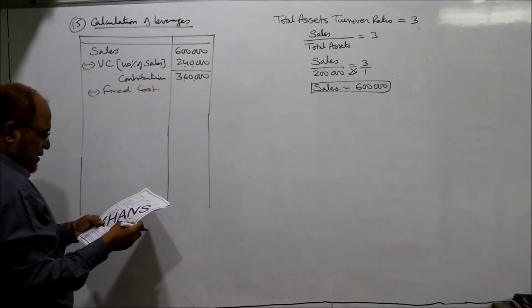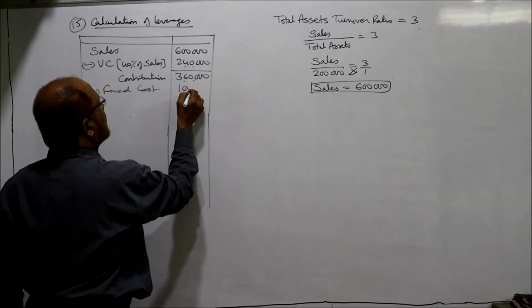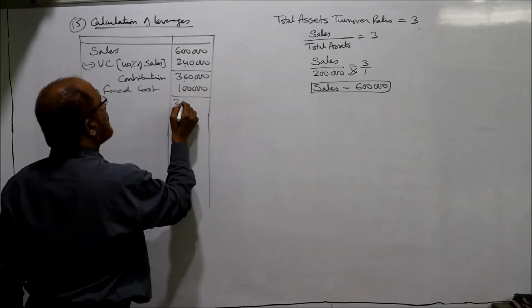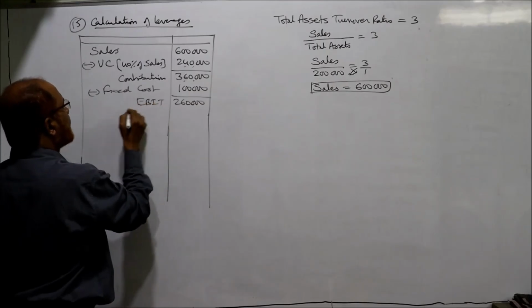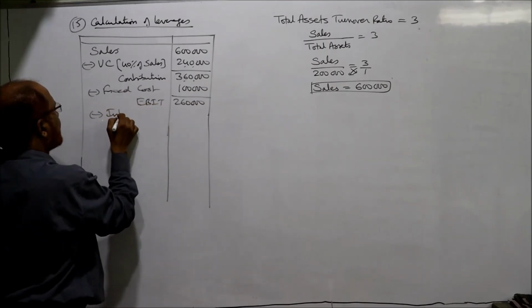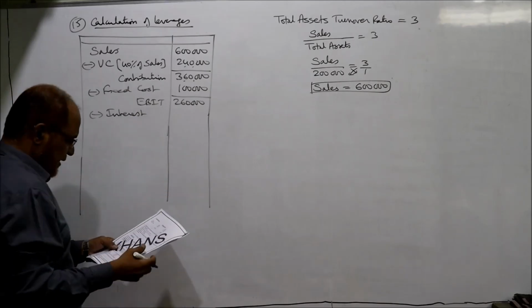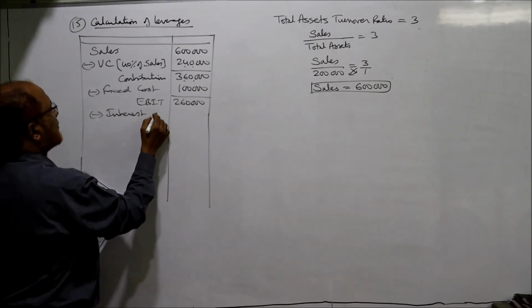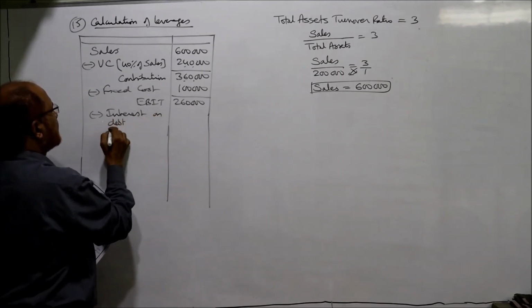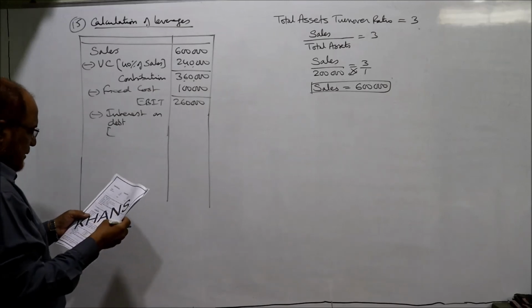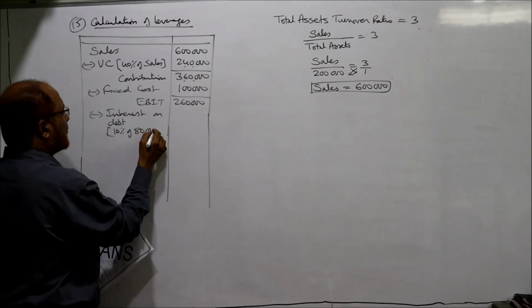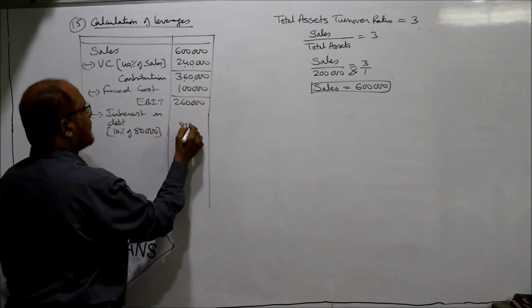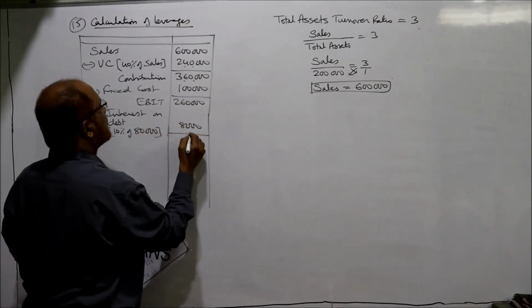Fixed cost: the fixed operating cost is 1 lakh rupees. Interest charges, interest on debt. Interest on debt is 10% of 80,000, which is 8,000.